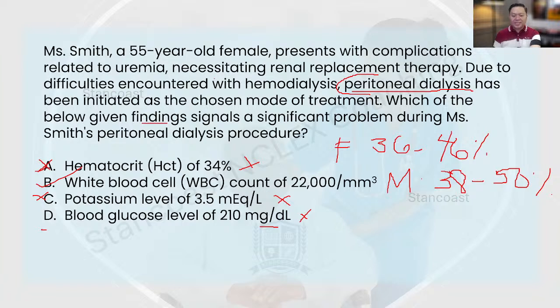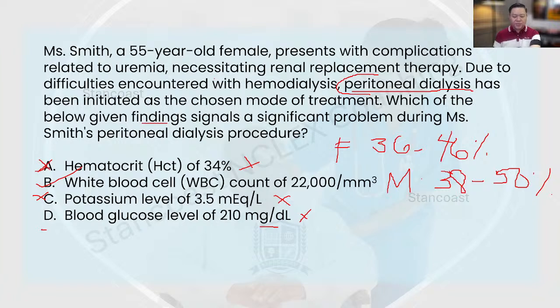Now, another strategy is that we're going to have to focus on the critical findings. So which is critical here? Is 34% a critical finding? Heck no. What about the potassium? It's not. Is the blood glucose of 210 milligrams per deciliter critical for this patient?